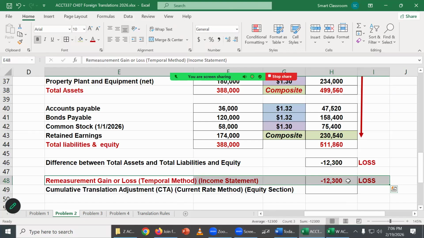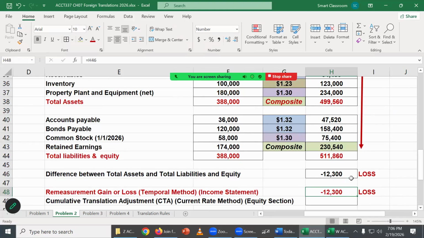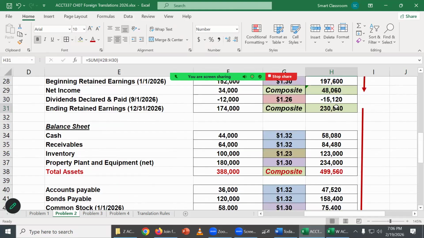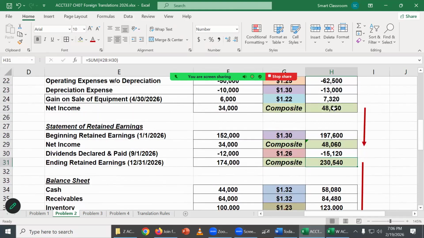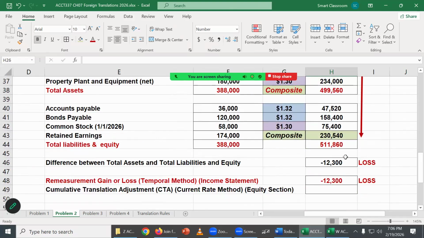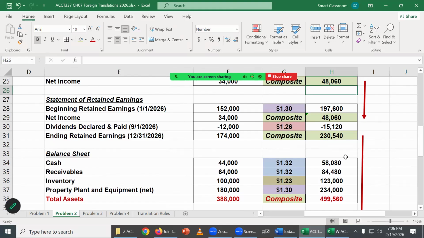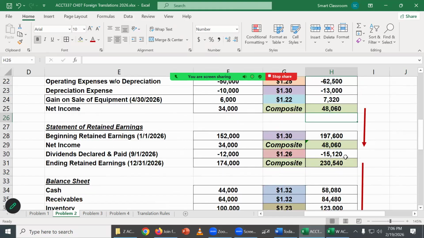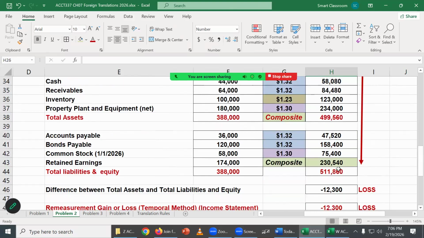And so this is an actual dollar amount that we lost on. So our real income will be 48,060 minus 12,300, so about 36,000, something like that.